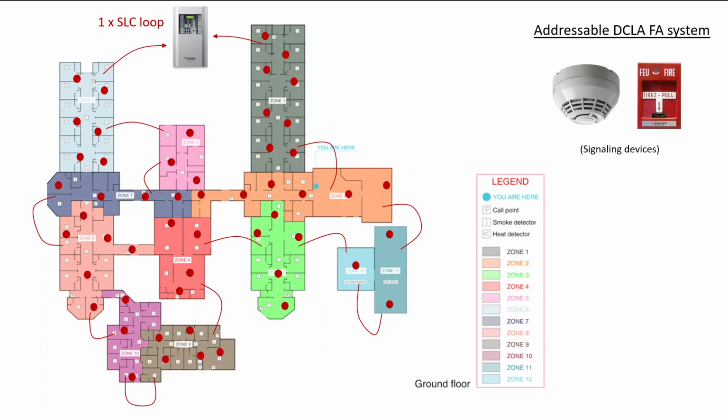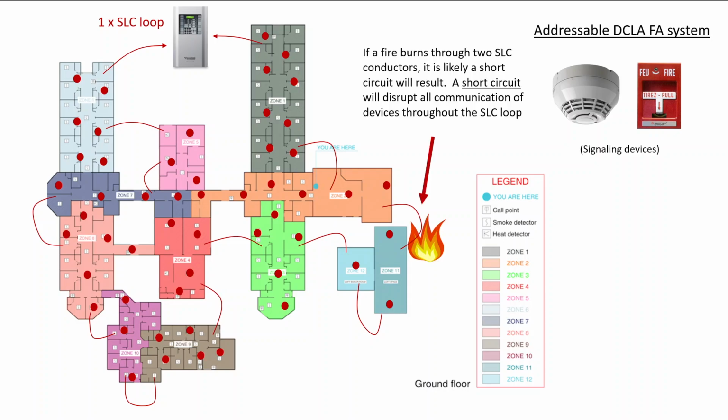In this particular addressable DCLA fire alarm system, when we have one wire that goes around and connects all the devices, there comes a problem. That's because we have high frequencies that are introduced onto these conductors. If a fire burns through two SLC conductors, it is likely a short circuit will result. A short circuit in these conductors will disrupt all communication of devices throughout the SLC loop.